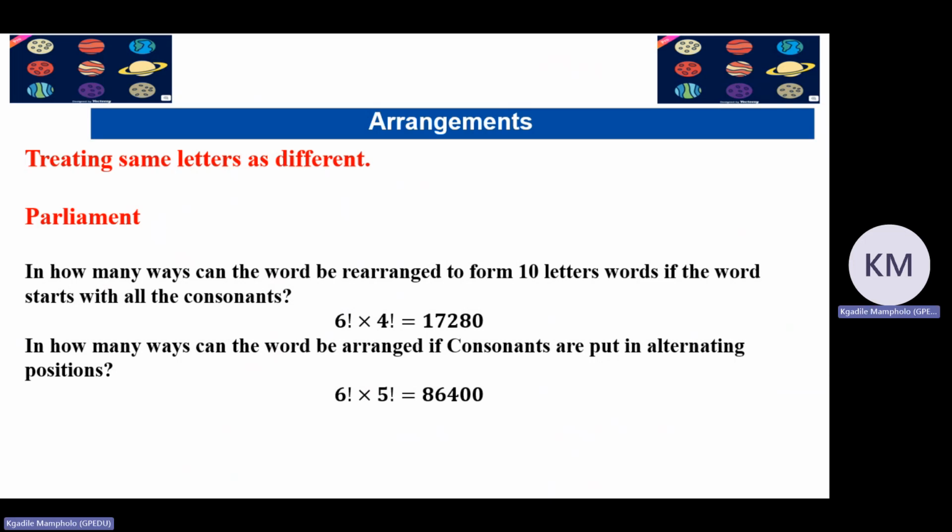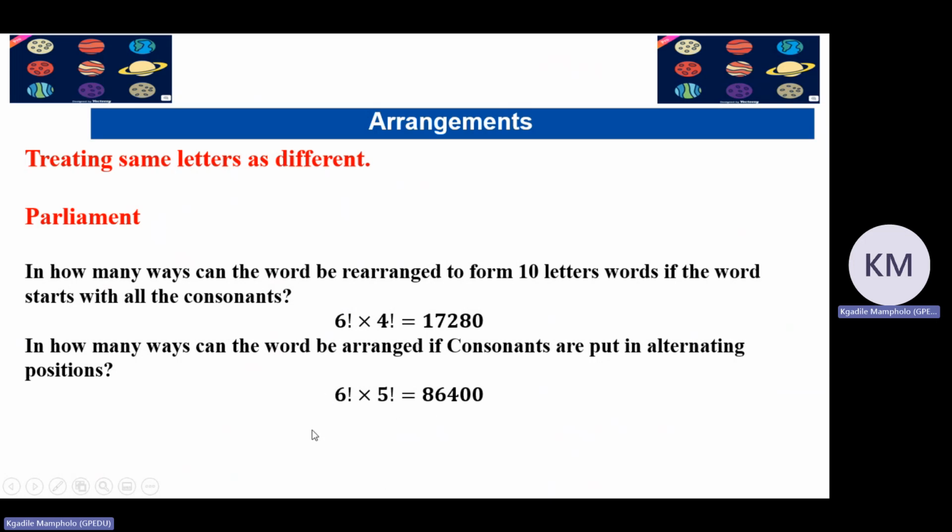Then positions 7, 8, 9, and 10 will be the vowels, which can still be arranged differently. Then you have 6 factorial times 4 factorial, which is 17,280.